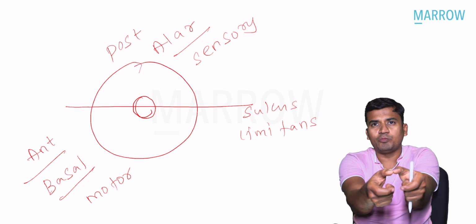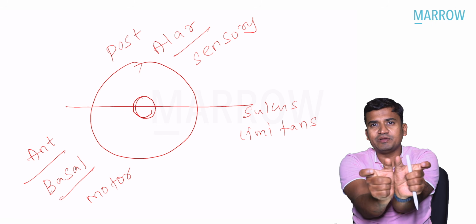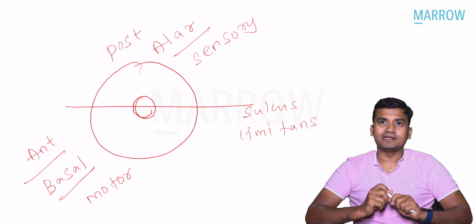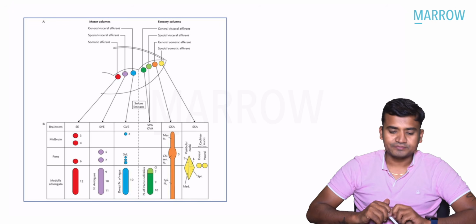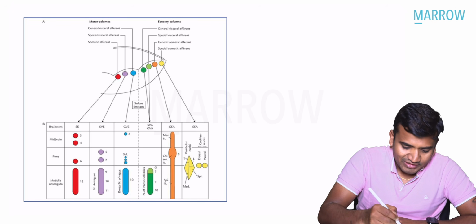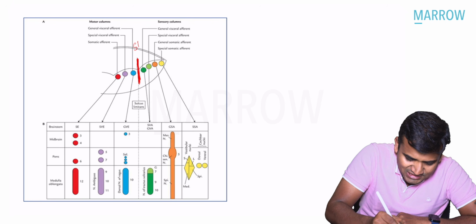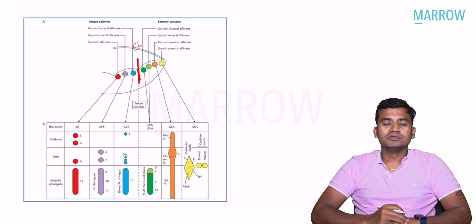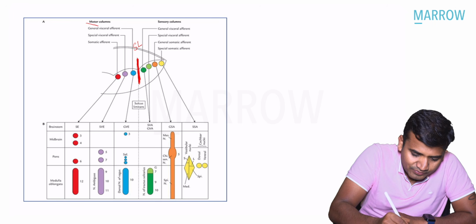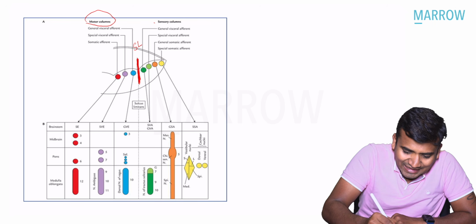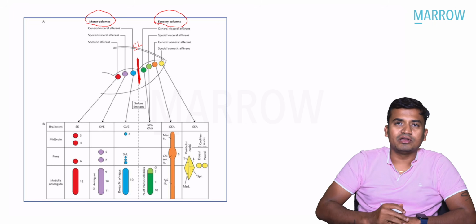The basal plate becomes medial and the alar plate becomes lateral. Between the motor and sensory, this line is our sulcus limitans. So the efferent or motor columns are medial and the afferent columns are lateral.